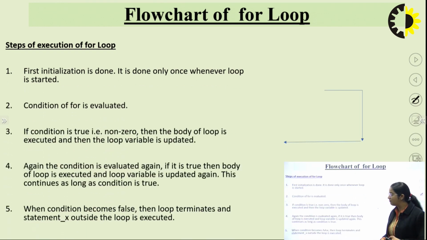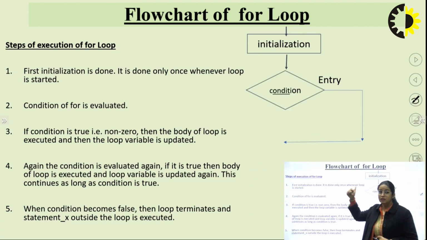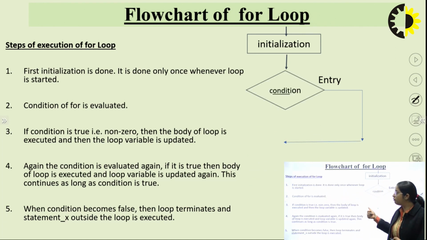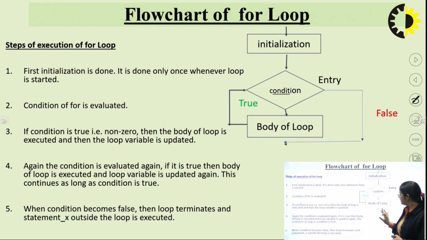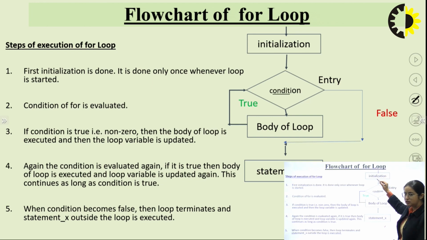Here again we are using all five steps. You can see the working of the for loop and the working of the while loop is the same. You can see the flowchart and easily understand that the working of both loops is the same. First we initialize, similarly as in the while loop.